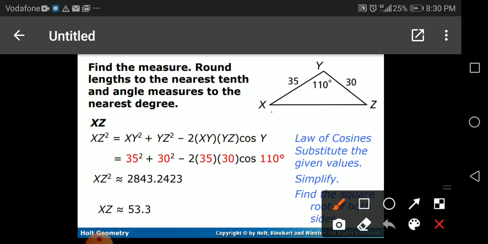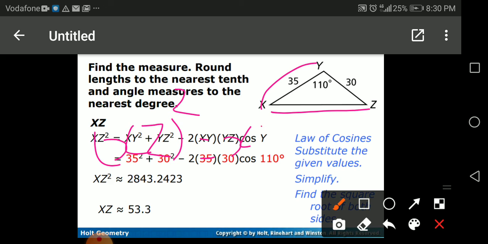So he asks me about XZ. I can say XZ² equals, first of all, XY², who can remember, plus YZ², excellent.